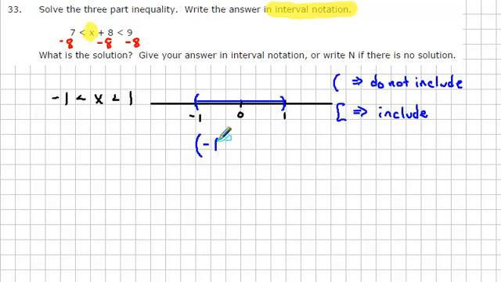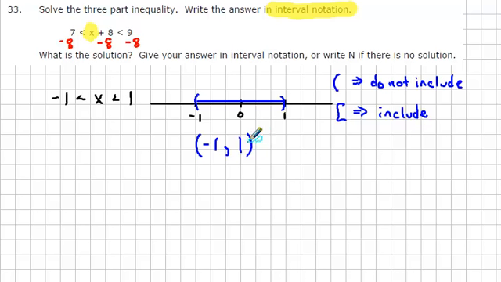We do not want to include negative 1, but we want to include all the numbers right up to negative 1. Then we put a comma, and then our interval goes all the way over to positive 1, so the next number we write down is 1, and we put another parenthesis to indicate that we do not want to include 1, but we do want to include everything up to the number 1.